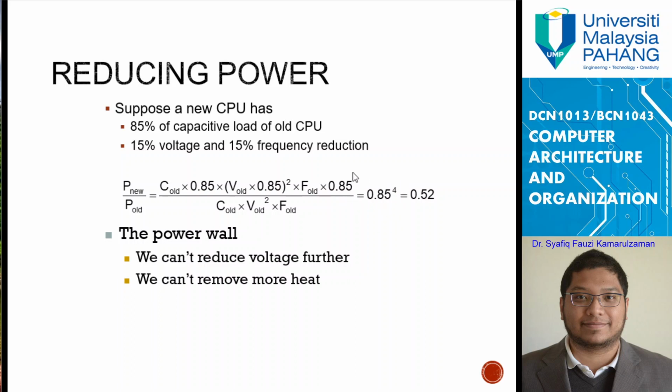So the total is 0.85 to the power 4, and you get 0.52. The difference between the power for new and old is almost 50%, a 50% reduction.